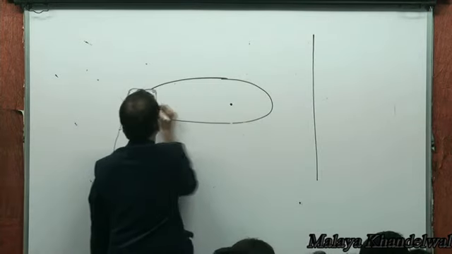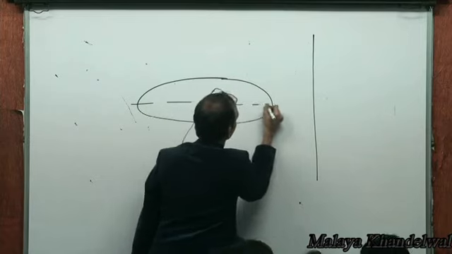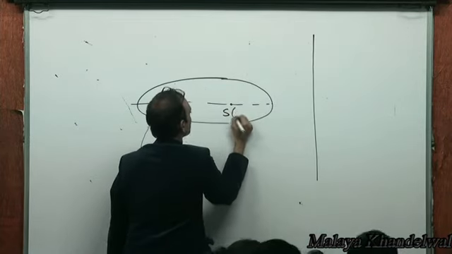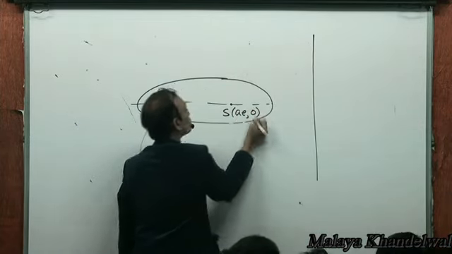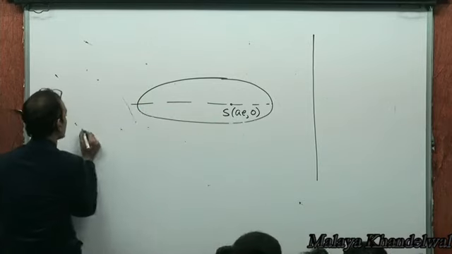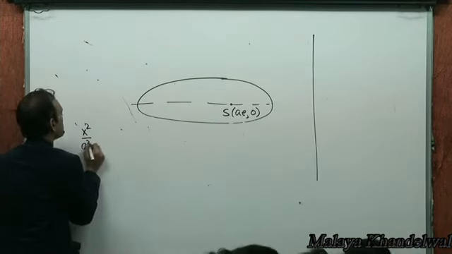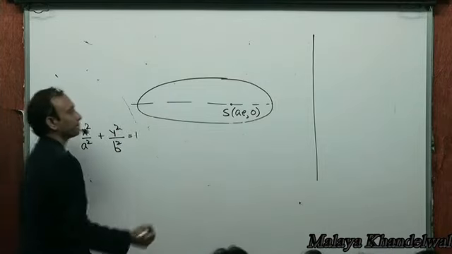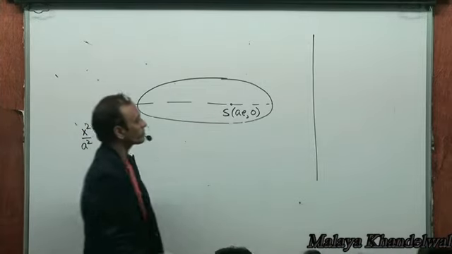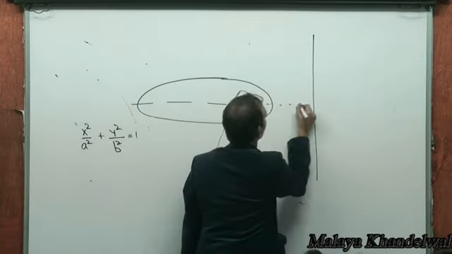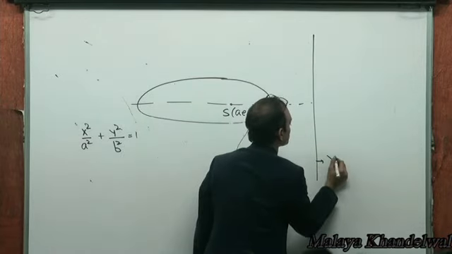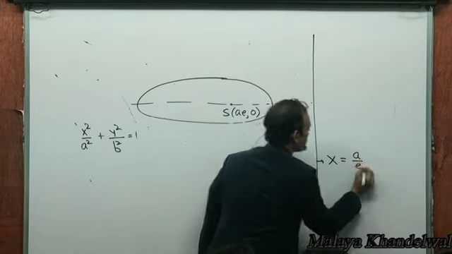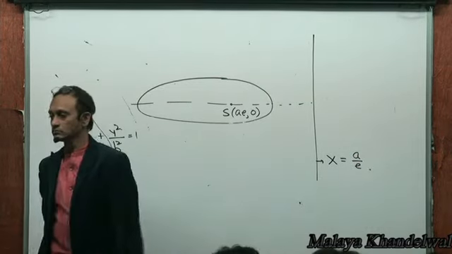Say this was a focus S, ae, 0. Say the ellipse x squared by a squared plus y squared by b squared equal to 1. This would be the directrix corresponding to this focus. x equal to a by e would be this directrix, right?